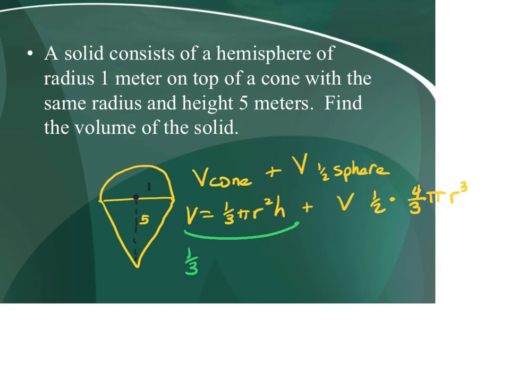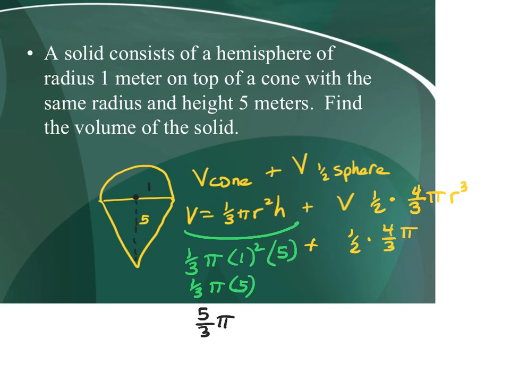So 1/3 pi, the radius is 1, the height of the cone, remember because it says it's 5. So 1/3 pi, 1 squared is 1 times 5 is 5. I'll multiply this and I get 5/3 pi. For my sphere, 1/2 times 4/3 times pi. My radius is 1. 1 to the 3rd power is 1.